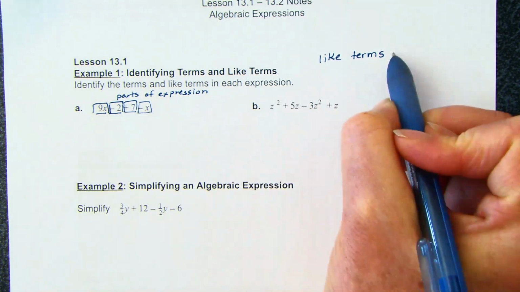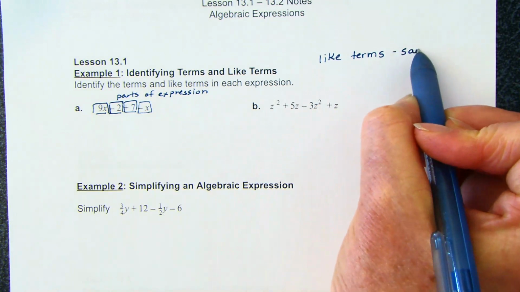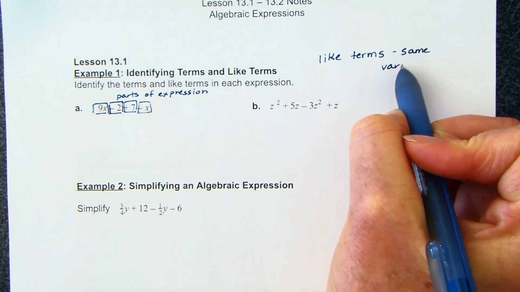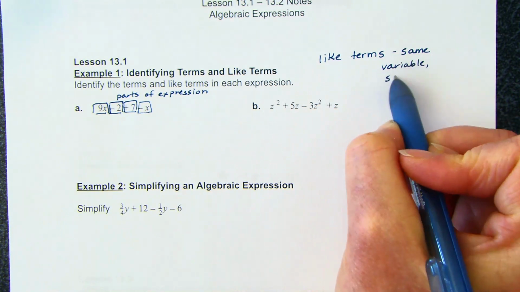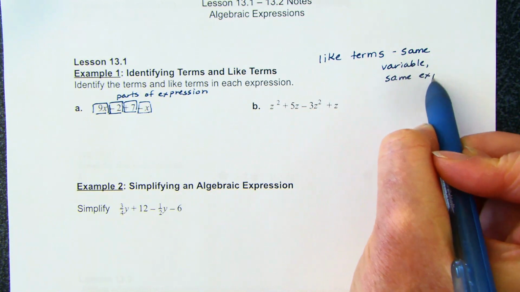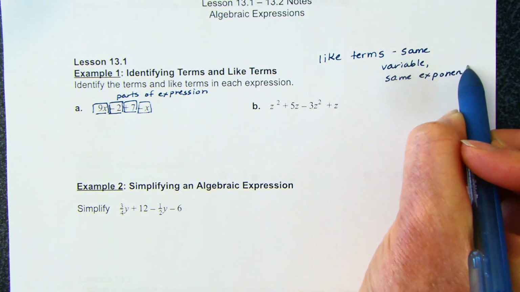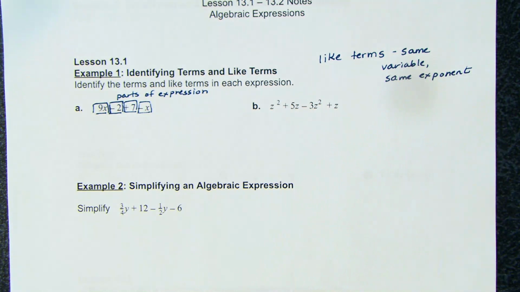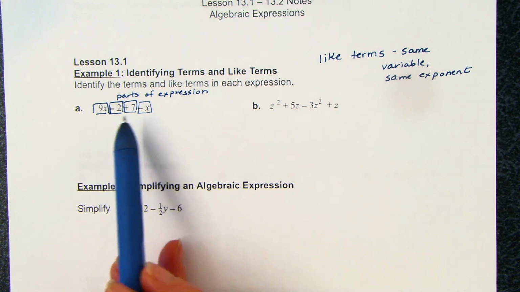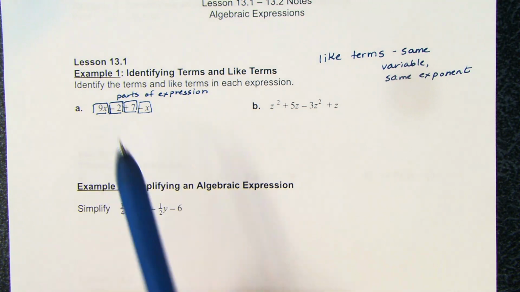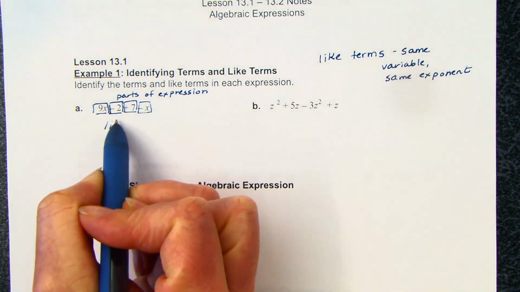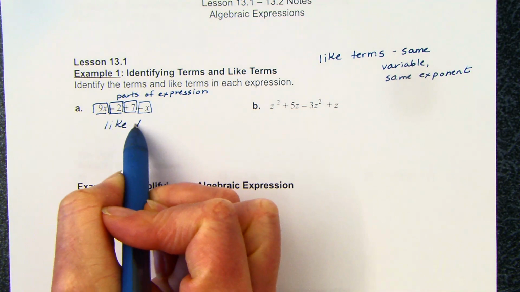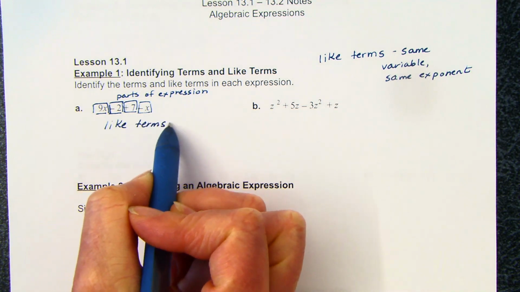And then when we're talking about what are like terms, they have the same variable and the same exponent. Now we'll look at the expression and find the like terms. So when I look across, I see a 9x. So like terms, those are things that are alike, right?